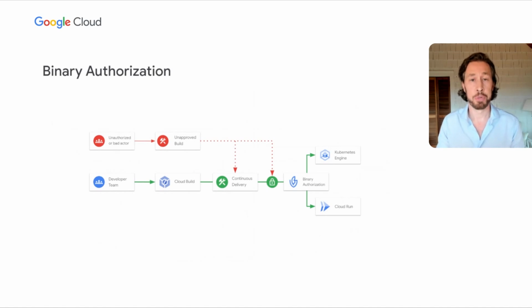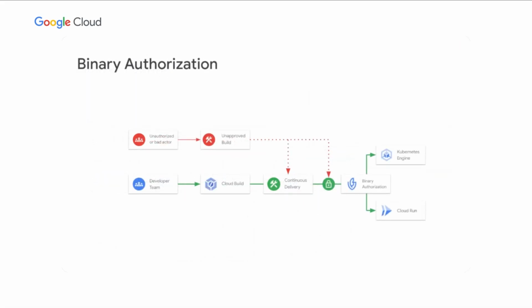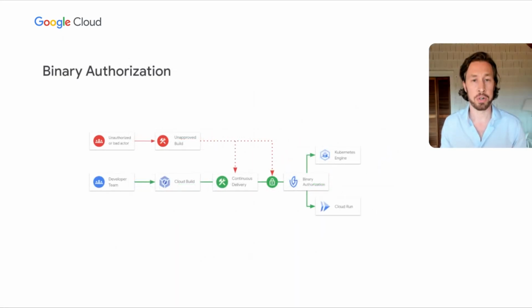For this, we're going to leverage binary authorization from GCP, which lets you define deployment policies for which containers can and can't be deployed. So in this case, let's create a policy that says only containers built by Cloud Build can be deployed out to GKE or Cloud Run. This will ensure that any unsigned images or images signed by an untrusted build system will fail our policy check and not get deployed out to our production users, whether trying to be deployed directly or through our CD pipeline.